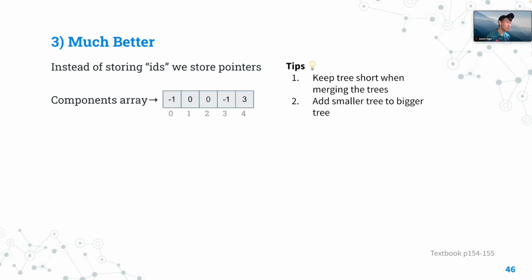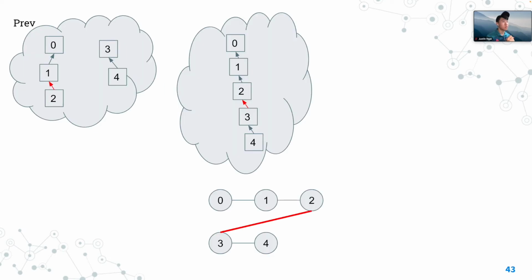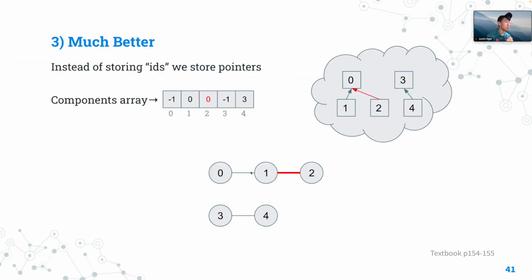So that's one important tip if you choose to implement the data structure this way for the homework. And another tip is that you want to make sure that you're adding the smaller tree to the bigger tree. Because if you continue with the method I mentioned just now, of first calling find on that tree, getting the parent of the tree, and then using that to update the values in the array, so in this example, we called find on 0, 1, and we use 0 as the new parent that we're assigning.